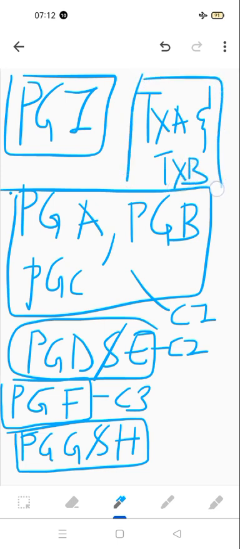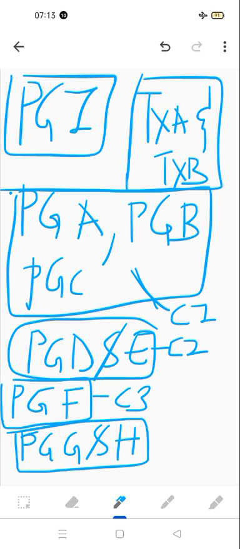So we'll talk about the structure of these compounds. Again, the first class we look at is prostaglandins A, B, and C, and the second class is prostaglandins D and E. The third class is prostaglandin F, the fourth class will be prostaglandin G and H, and then we'll look at prostaglandin I, which is also called prostacyclin.